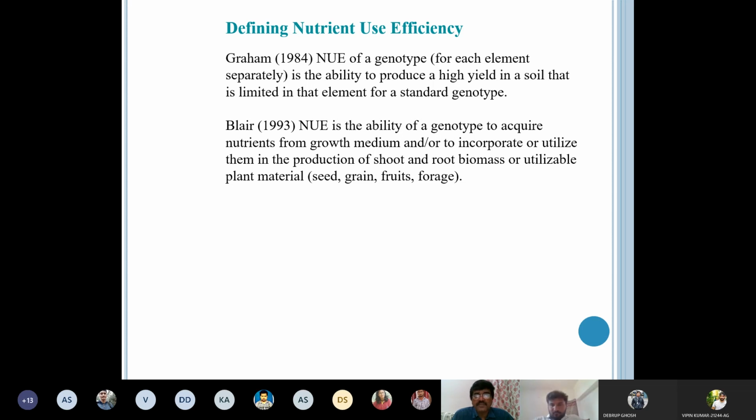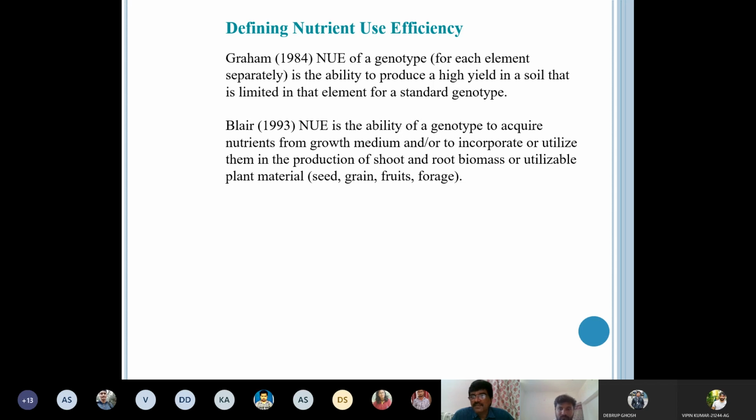See the first definition by Graham: nutrient use efficiency of a genotype for elements separately. For each new element, we generally calculate nutrient use efficiency separately. It is very uncommon to combine two or more nutrients to get the nutrient use efficiency. So NUE of a genotype is the ability to produce a high yield.